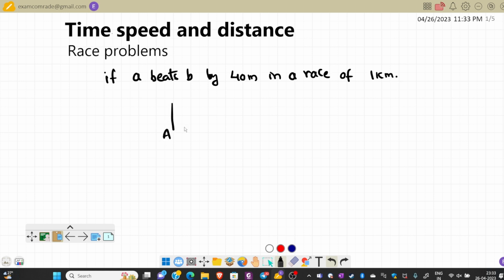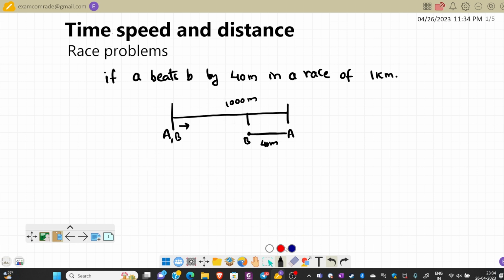That means A and B start the race, but when A reaches 1000 meters distance, B lags by 40 meters. They start together, but A reaches first, and B will be behind by 40 meters. This is called A beats B by 40 meters.